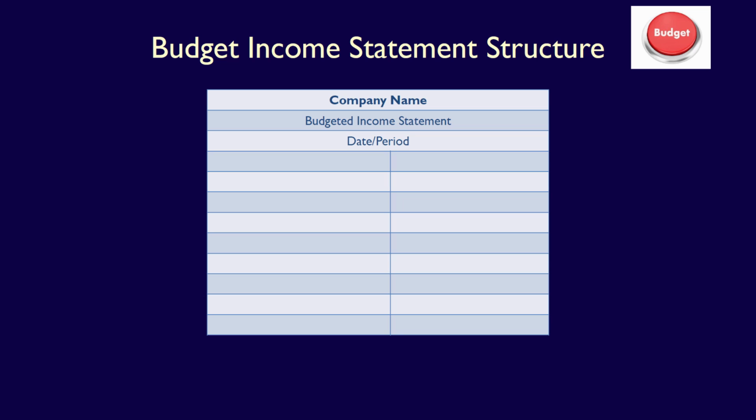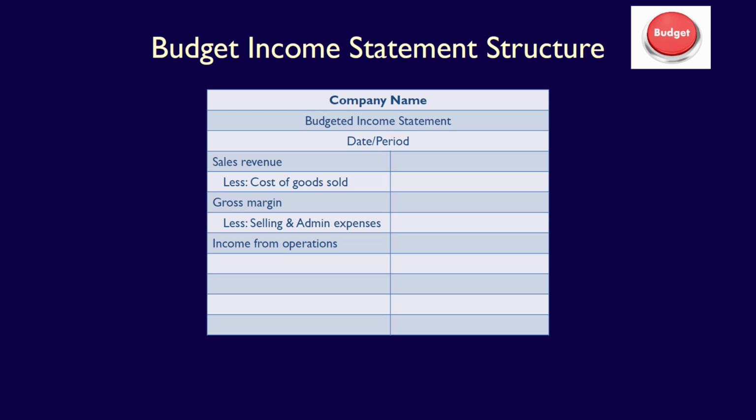We then move on to the body of the statement with the sales revenue, less cost of goods sold, which is, of course, the cost of all the products sold. Sales revenue minus cost of goods sold is equal to gross margin, also called gross profit. If we then deduct the selling and admin expenses, also called operating expenses, which are all period costs, we end up with income from operations, which is also called operating income.